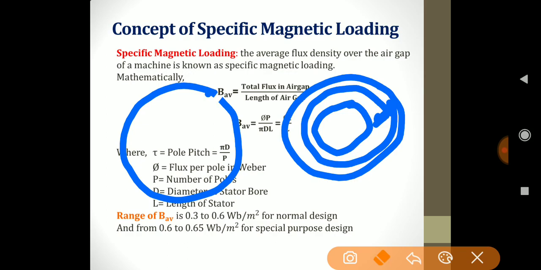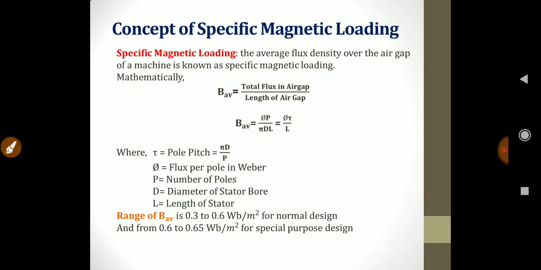If I cut this circle and open it out, and measure this length, it is the length of air gap, which is given by pi D L, where D is the diameter of stator bore, that is known to all of us.